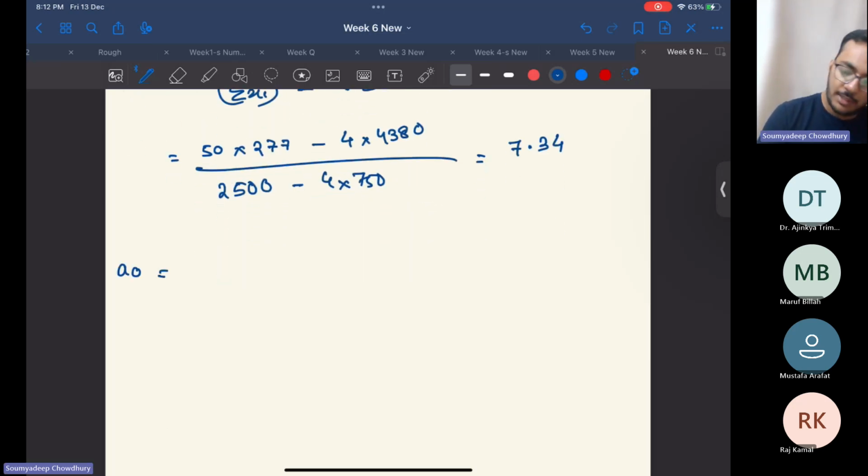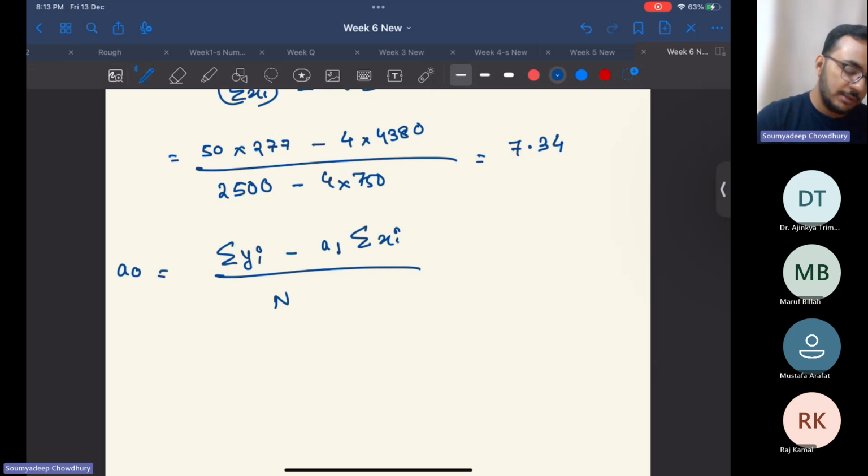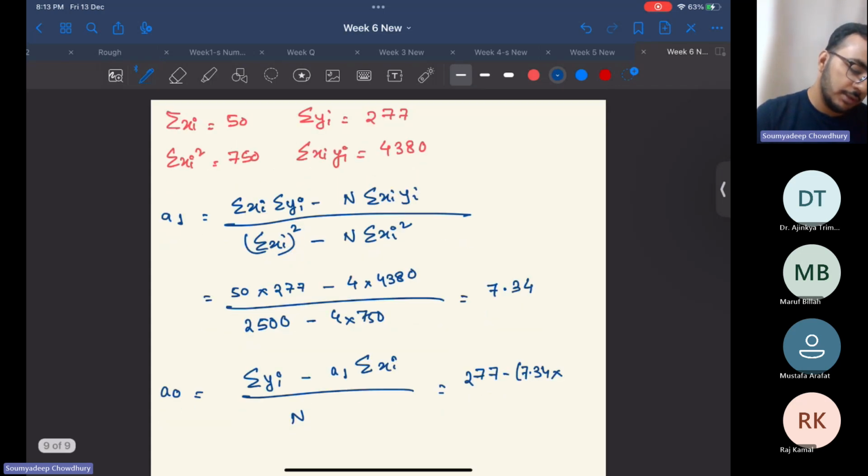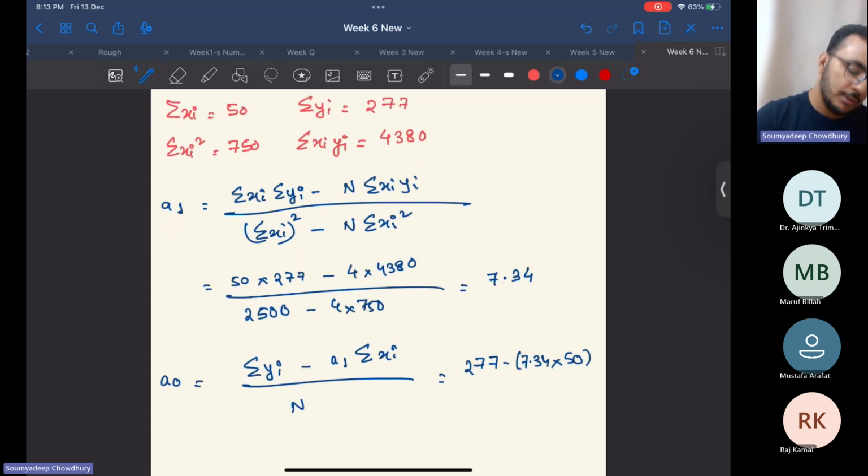And similarly, a naught is summation yi minus a1 into summation xi, upon n. So what is summation yi? It is 277 minus a1, which is 7.34, into summation xi, that is 50, upon 4.